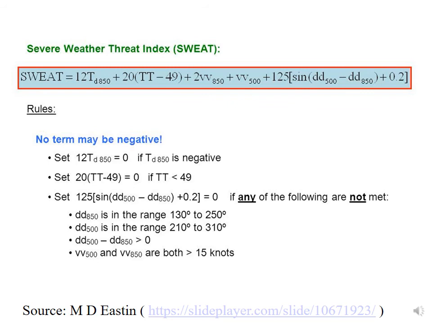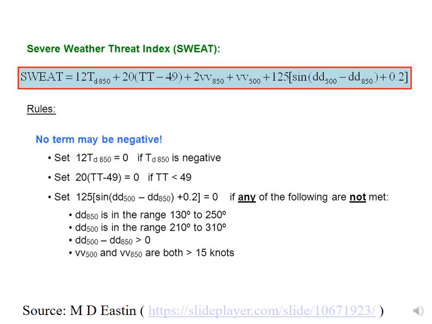And then, if any of the following conditions are not met, then we basically set the last term equal to 0 as well.